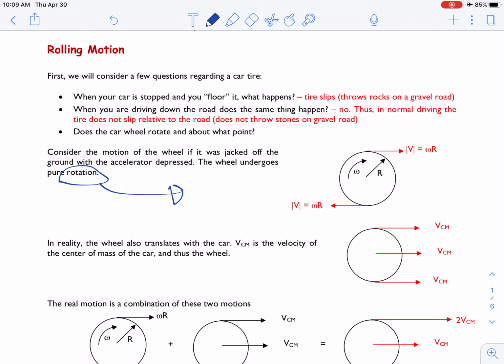First of all, the wheel is rotating clockwise, as you can see from the omega direction. We are going to focus on three points: the top, the center, and the bottom, okay? Since this is rotation, what are the velocities related to rotational motion?